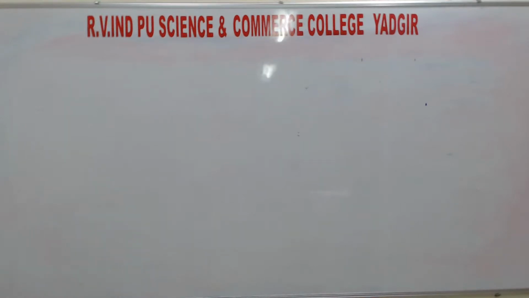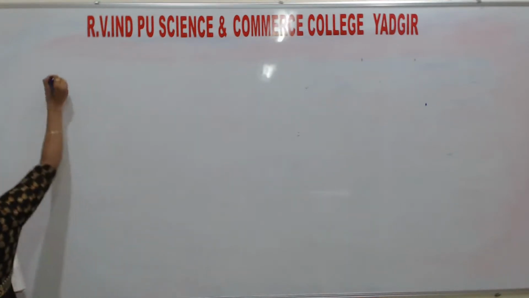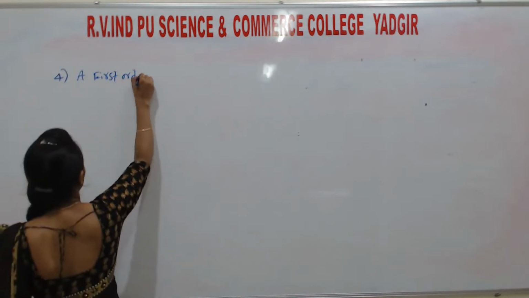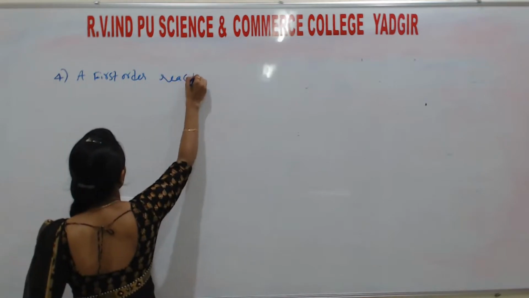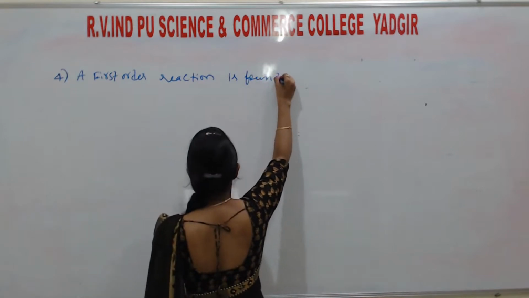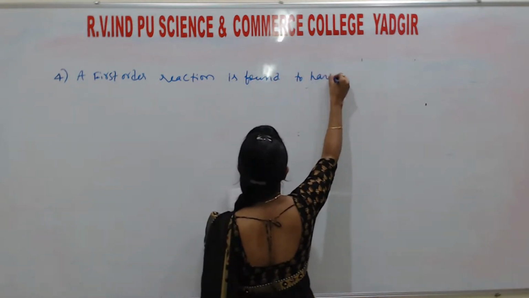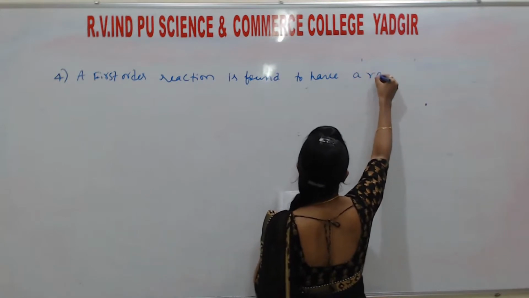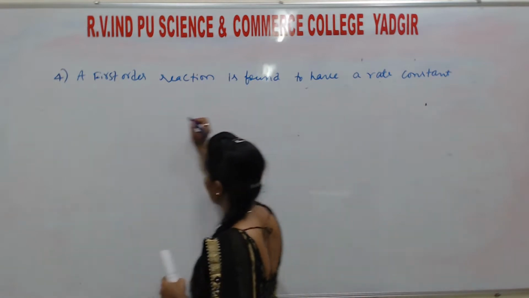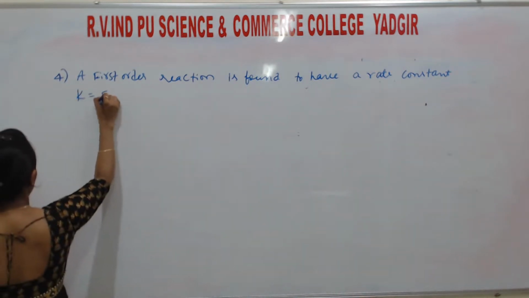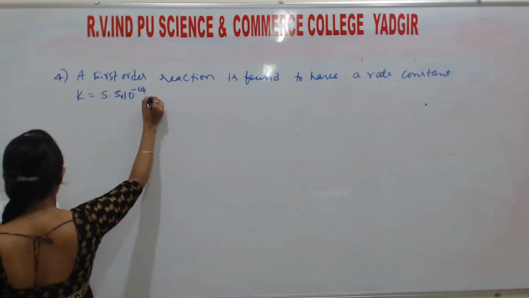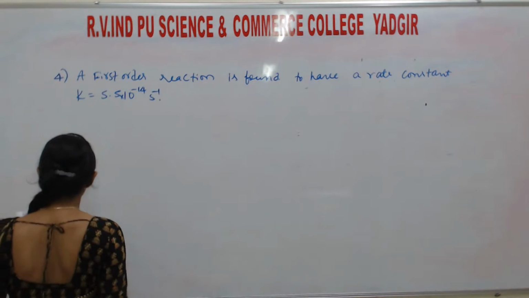Next one. A first order reaction is found to have a rate constant K is equal to 5.5 into 10 to the power minus 14 second inverse.